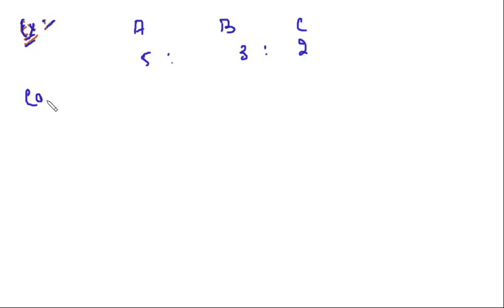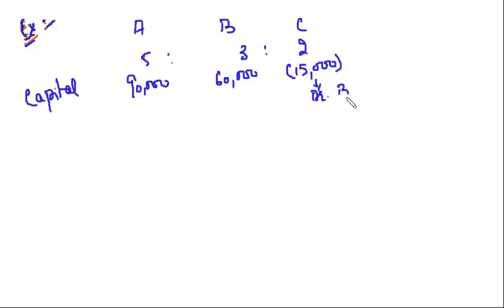On the date of dissolution, we are not given the balance sheet, but we are given that they have the capitals of 90,000, 60,000 and negative 15,000. That means this is a debit balance of capital. Clear?